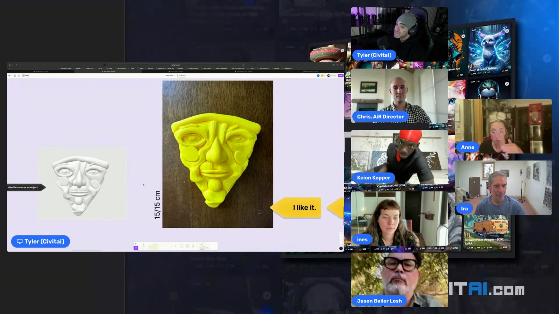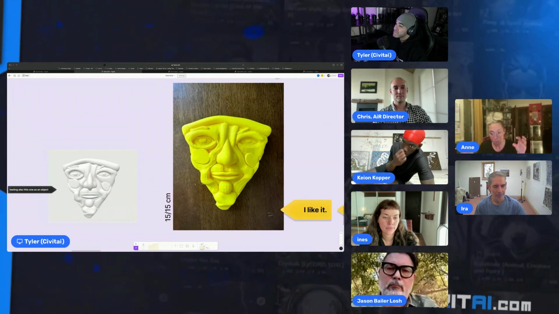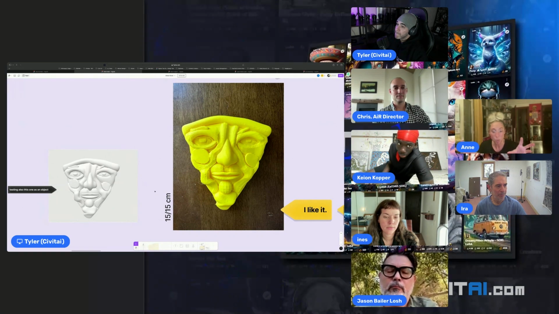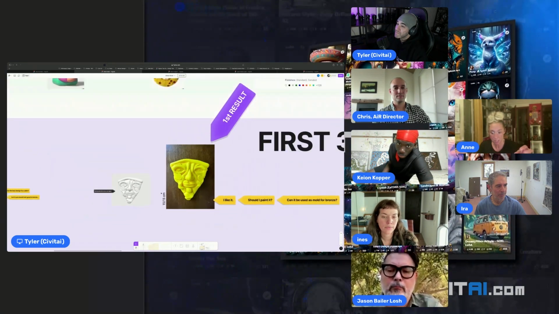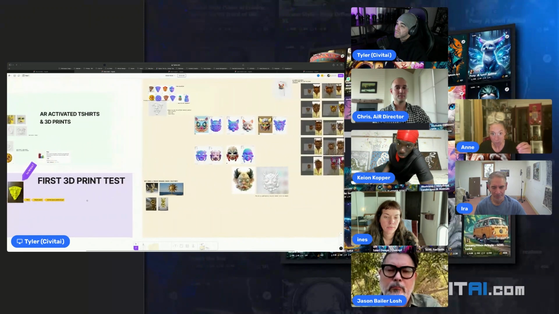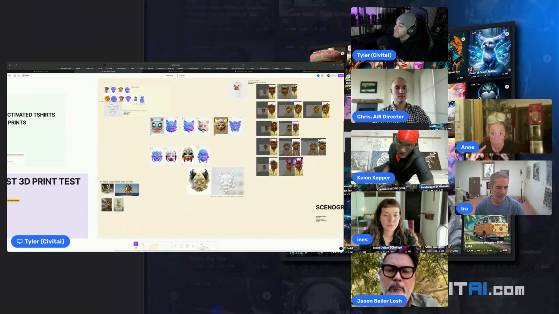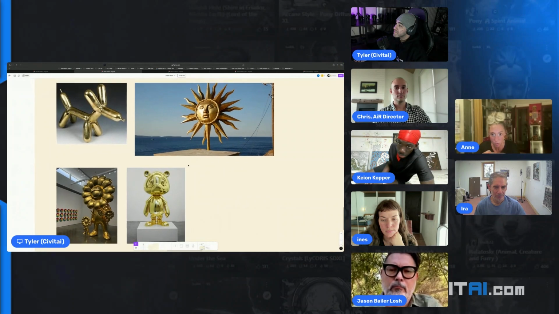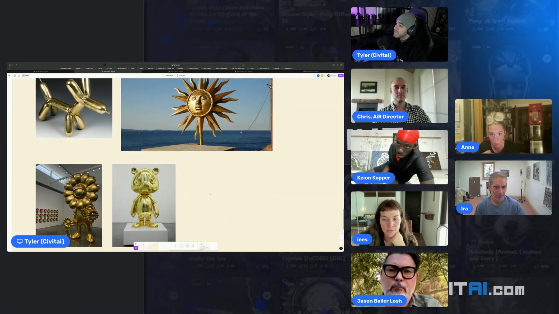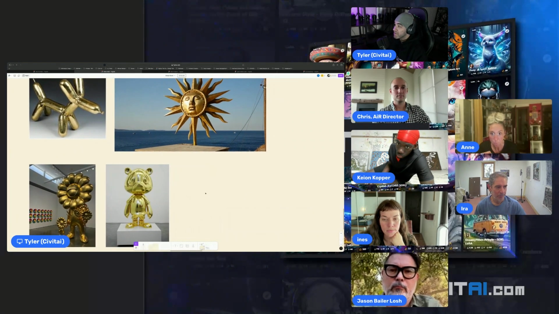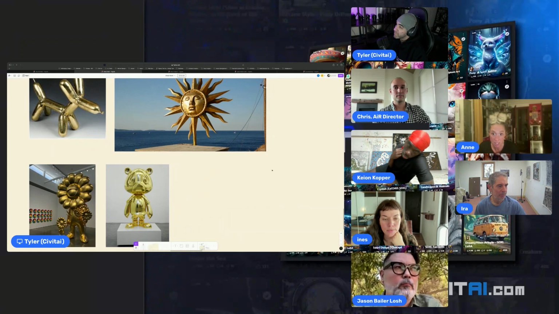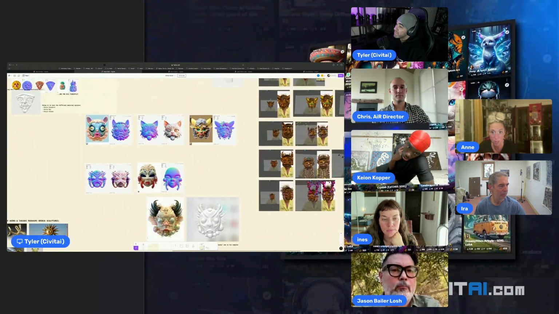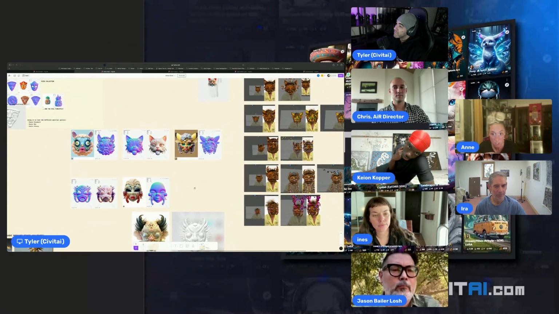To me, the bridge between ceramics and AI is so interesting, because it's at the opposite of the spectrum. So bronze is another addition to this. This is a few references from Kunz and Murakami. But yeah, now we are at this stage where I'm figuring out how to make a bronze.